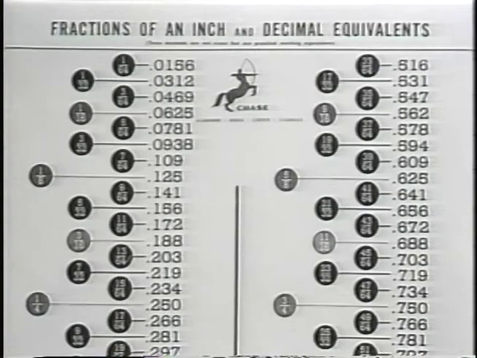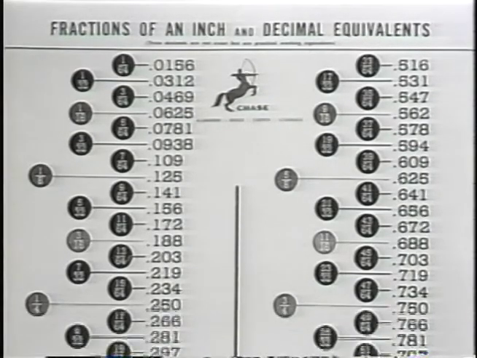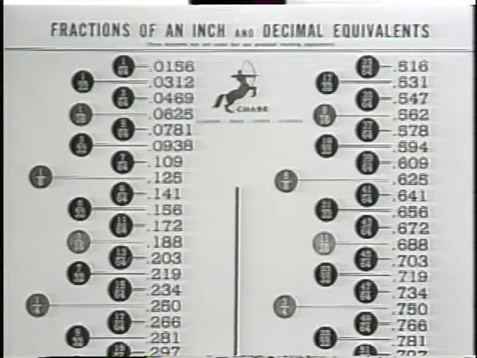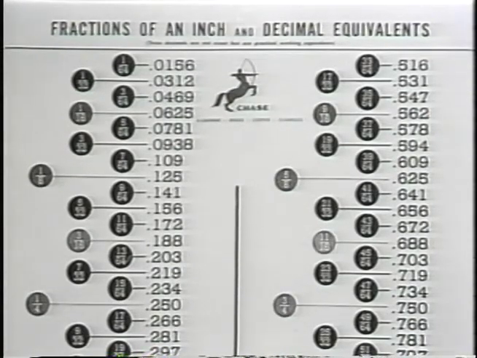Now, page number 3 is the fractions of an inch and decimal equivalents. We all want to look at the fractions and decimal equivalents and have consistency within our program.